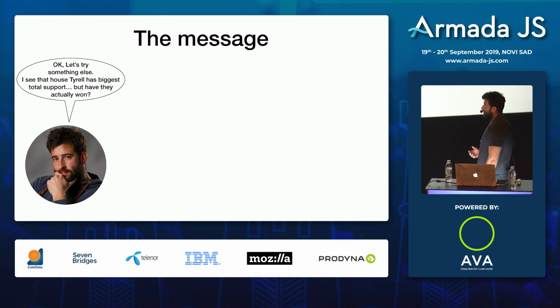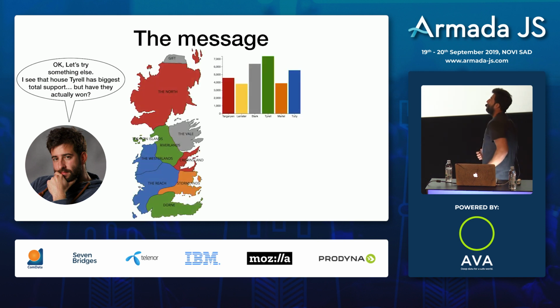We saw that Tyrells have the biggest total support, but have they actually won? If you see the map, you could see that they didn't have maximum votes in all regions, only in 3 out of 10, which is not impressive. And their land is divided.